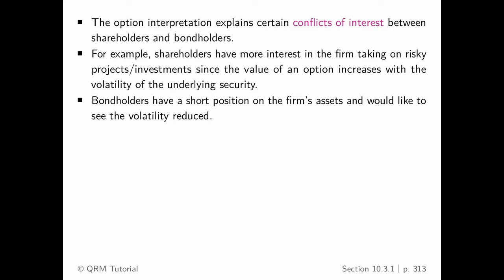Shareholders are a bit more gung-ho. They're quite interested in the firm taking on risky projects because that potentially increases the value of their option. So they like volatility, whereas the bondholders don't like volatility. They have a short position and would like to see volatility reduced. So he probably looked at this analogy from various sides and saw that it made some kind of sense to him.